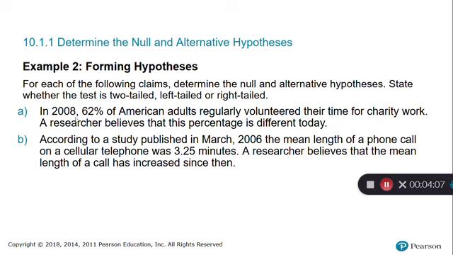And so our first statement, H naught, will have P being equal to 0.62. So remember, we always assume H naught will be equal to. Then for H1, the alternative, we have to decide, is it going to be greater than, less than, or just not equal to? Well, according to the wording here, it just says it's different today. So in that case, we're just saying it's not 62% or it's not equal to.